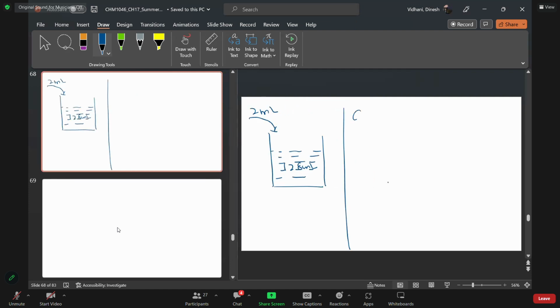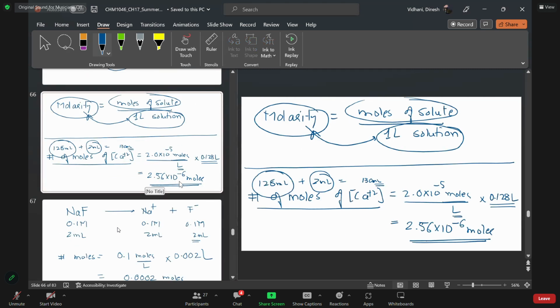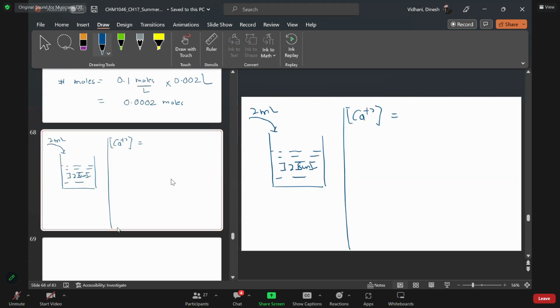So calcium ions, how much did you have? 2.56 times 10 to the power -6 moles. This time, 0.130 liters.